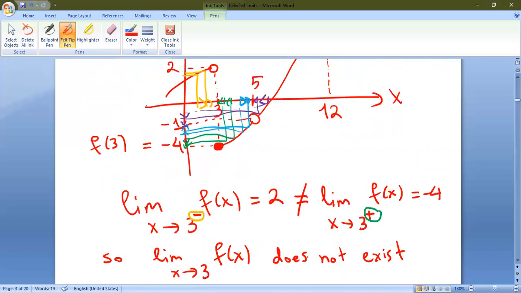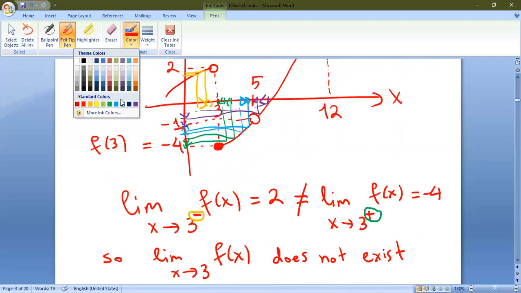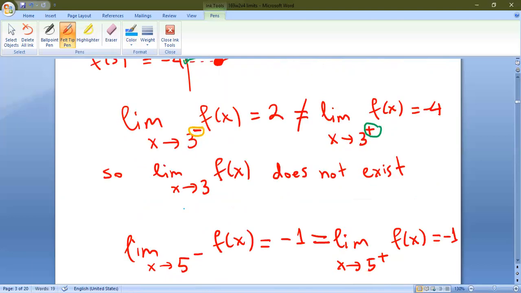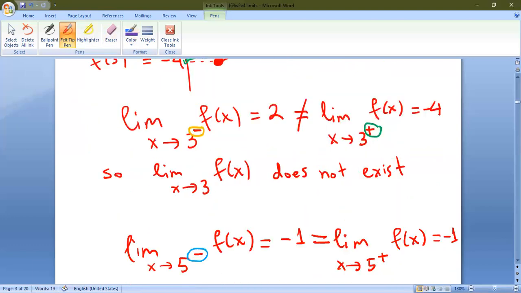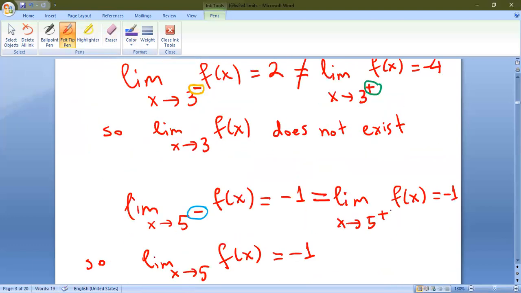So this minus 1, from the left I showed it with light blue, and this f superscript minus means the inputs from the left of 5, or the inputs which are a little bit less than 5. And then I labeled with purple the numbers from the right of 5. So the numbers from the right of 5 are, of course, a little bit bigger than 5.